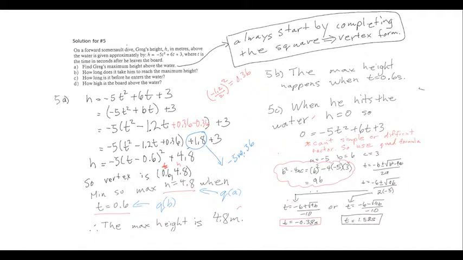Now, I'm going to tell you something. You know that time, we can't go back in time. So guess what? This one is impossible. We can't use that as our solution. So this one here, because the time is greater than 0, is the time it takes to hit the water.